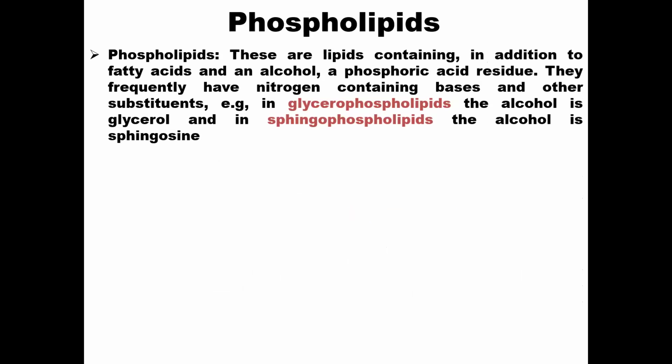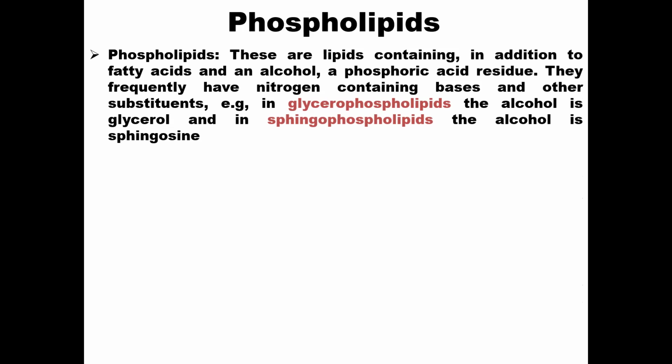So first, let's look at what phospholipids are. Phospholipids are lipids that contain, in addition to fatty acid and alcohol, a phosphoric acid residue. They frequently have nitrogenous bases, or nitrogen-containing bases, and other substituents.